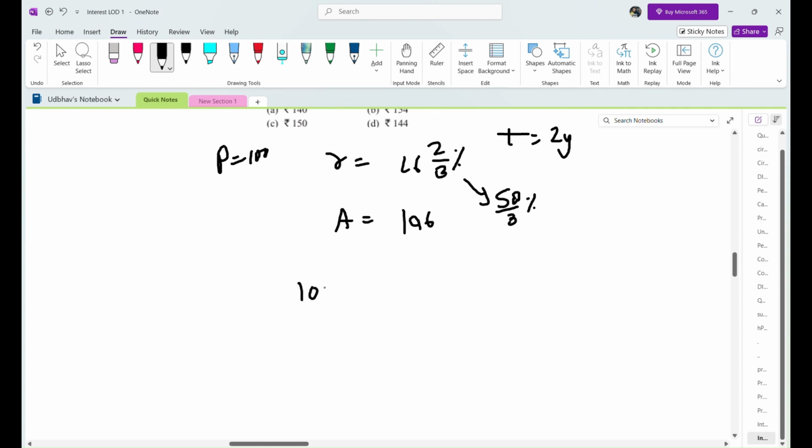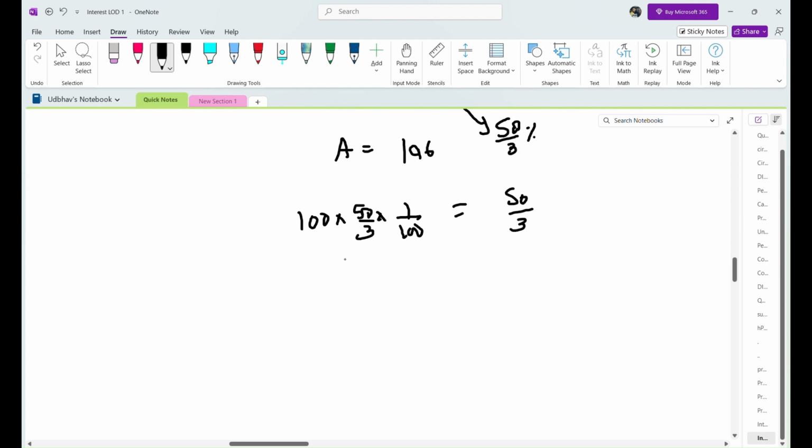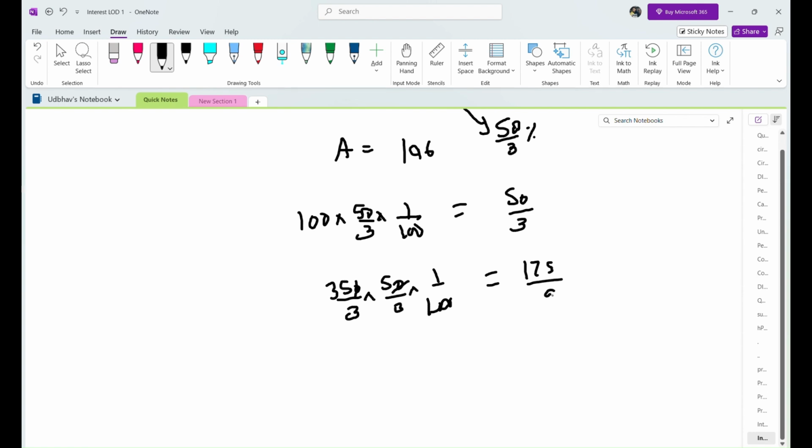So for the first year, if the principal is 100, we'll get 50 upon 3 into 1 upon 100, which gives us 50 upon 3. 100 plus 50 upon 3 gives us 350 upon 3, into 50 upon 3, into 1 upon 100, which gives us 35 into 5, 175 upon 9.